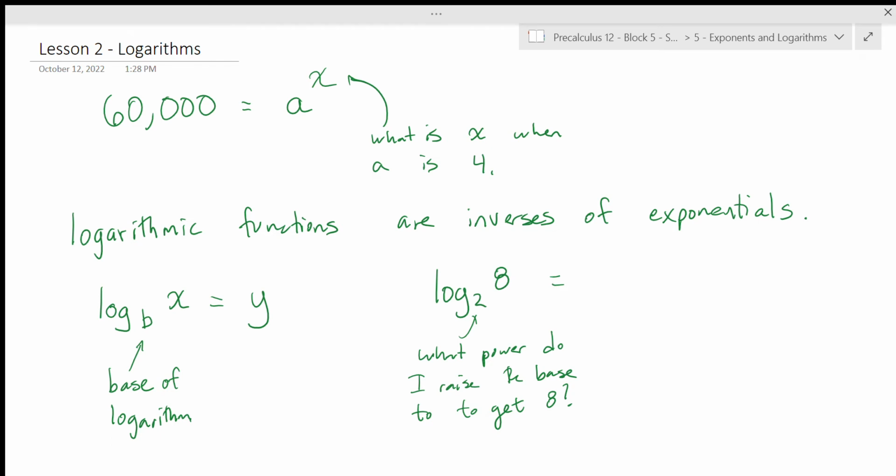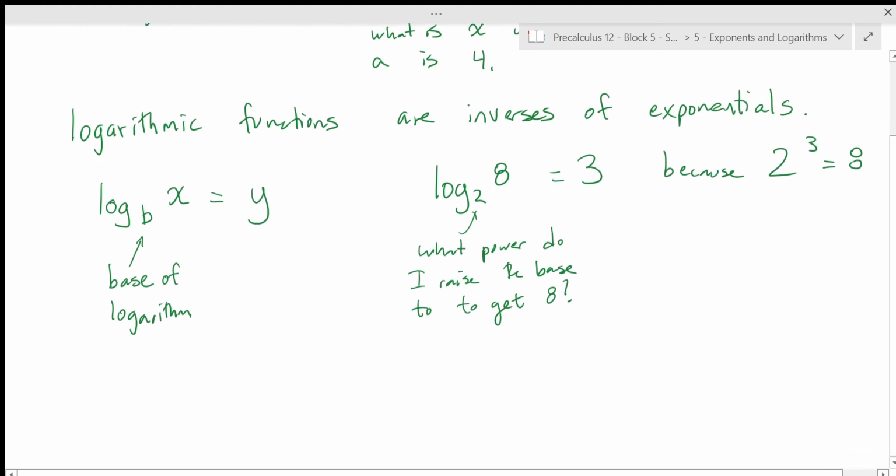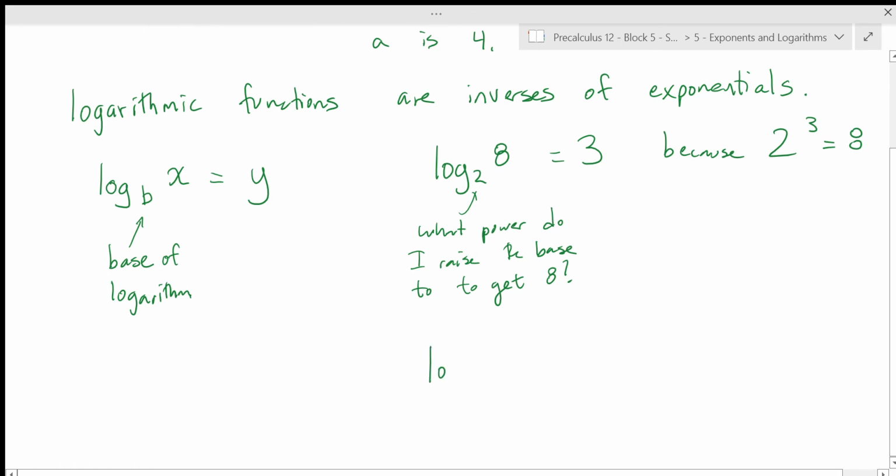And the answer is, well, if I raise 2 to the third power, I get 8. So the log base 2 of 8 is equal to 3 because 2 to the third equals 8. Well, let's look at another one. What if I wanted to do log base 10 of 100?